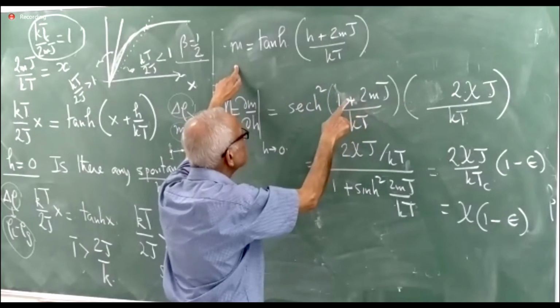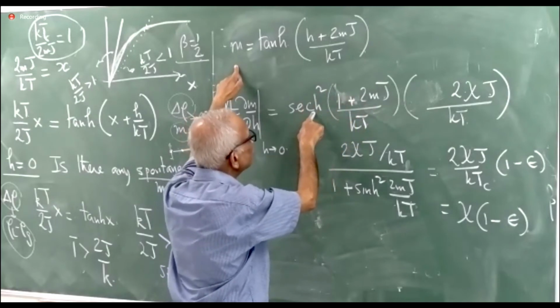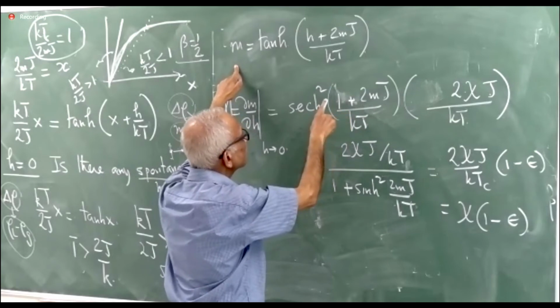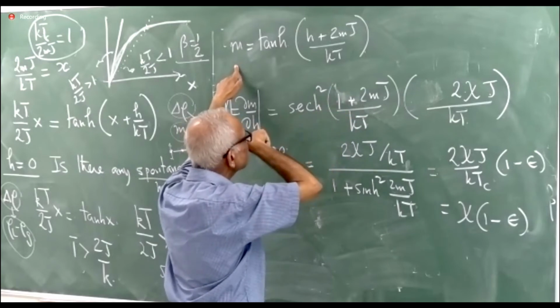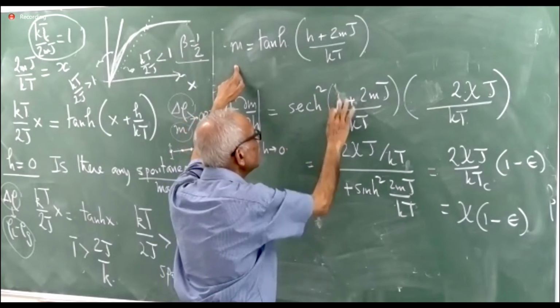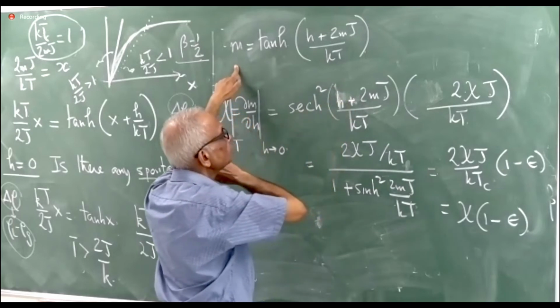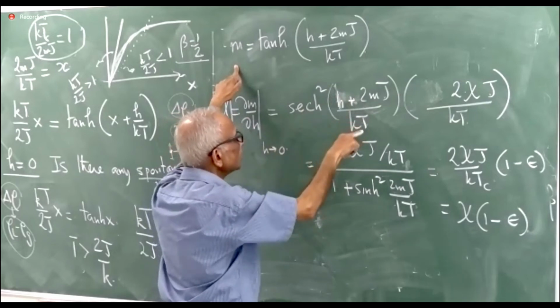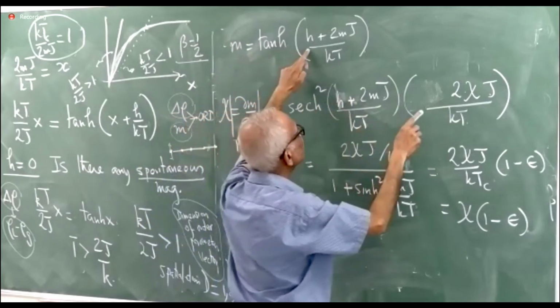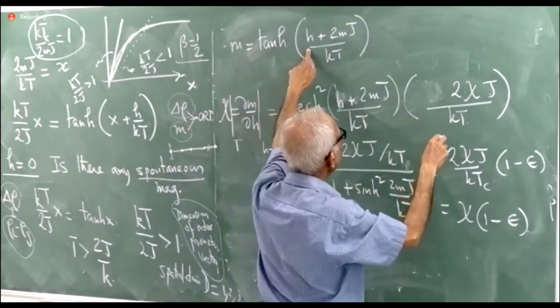So first derivative: sech squared of (h plus 2mJ). So this should have been (h plus 2mJ) in the sech squared. Then the derivative of this with respect to h.